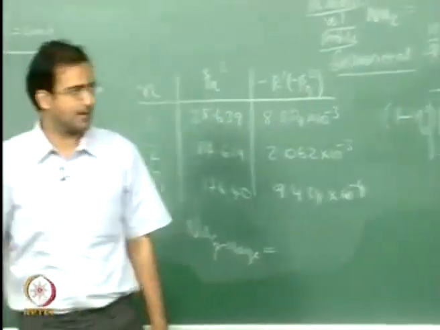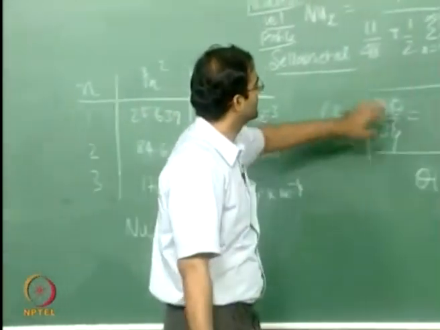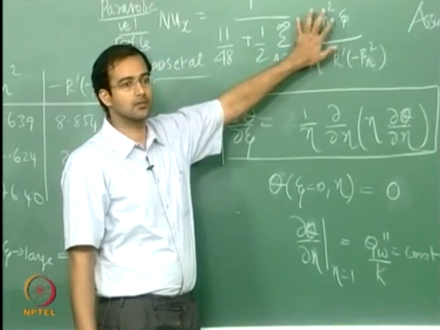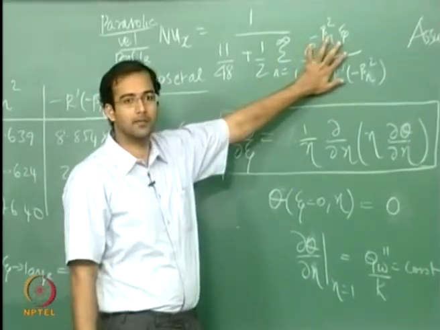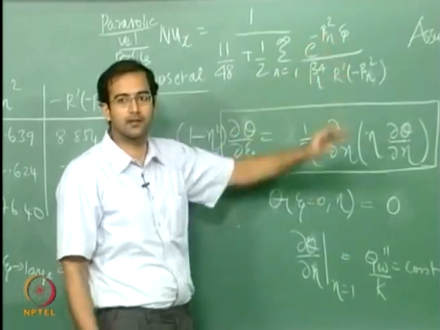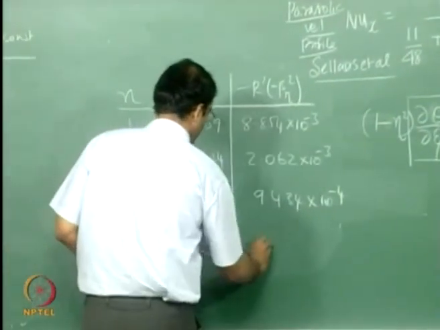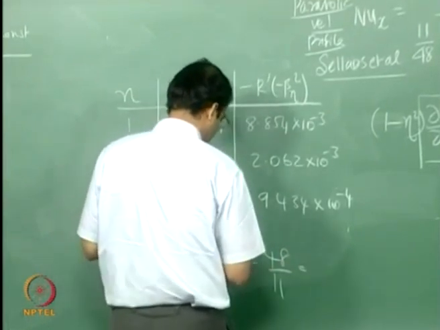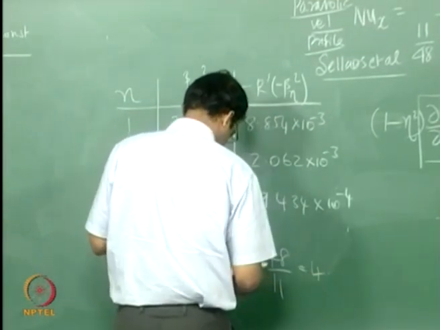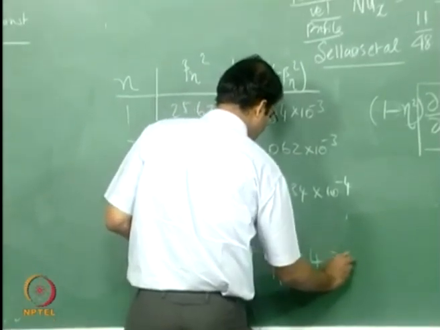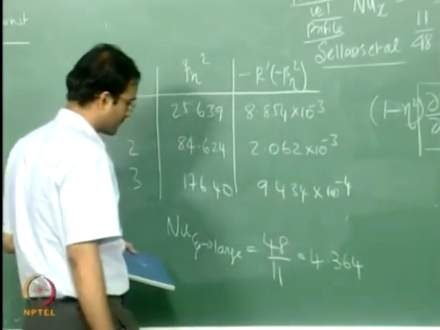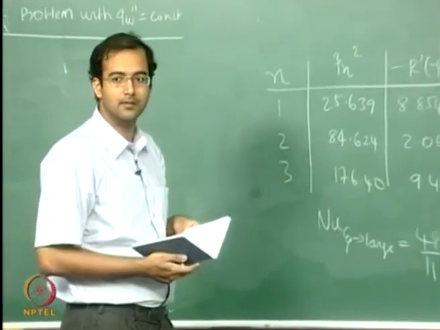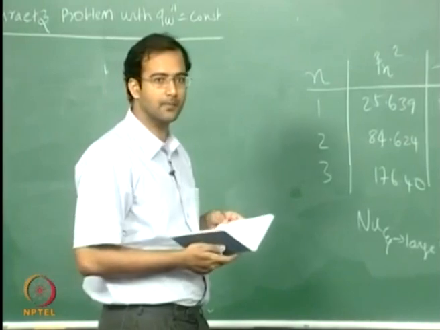If you assume large values of zeta, you can say that this is an exponentially decaying function, goes to 0, the entire term will be very small, it will be simply 48/11, which is exactly 4.364. Just check that. That comes to 4.364. Anyone has a calculator?